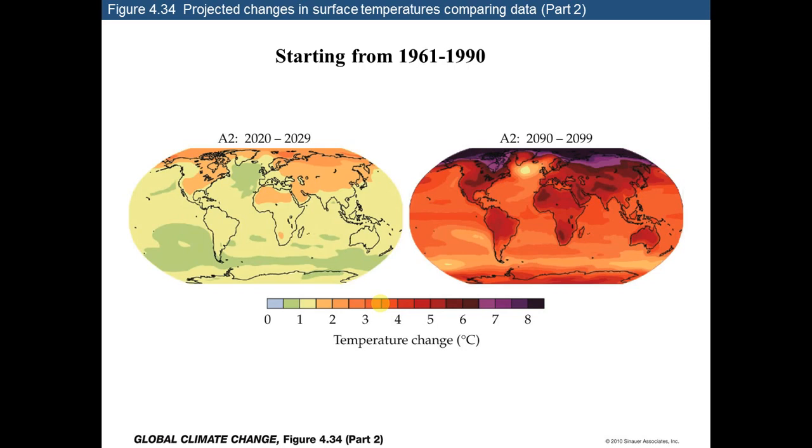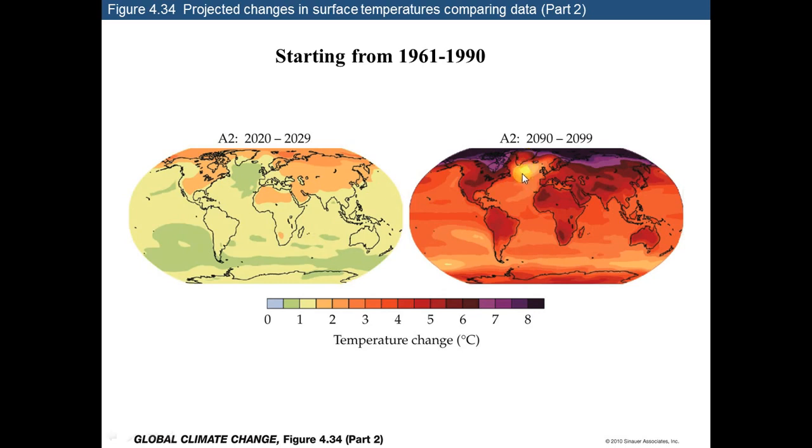Generally, land surface temperatures increase more than sea surface temperatures, and this makes sense because it takes more energy to heat up water than land. Notice, for no regions of the world does temperature decrease between this period and the 2090s.